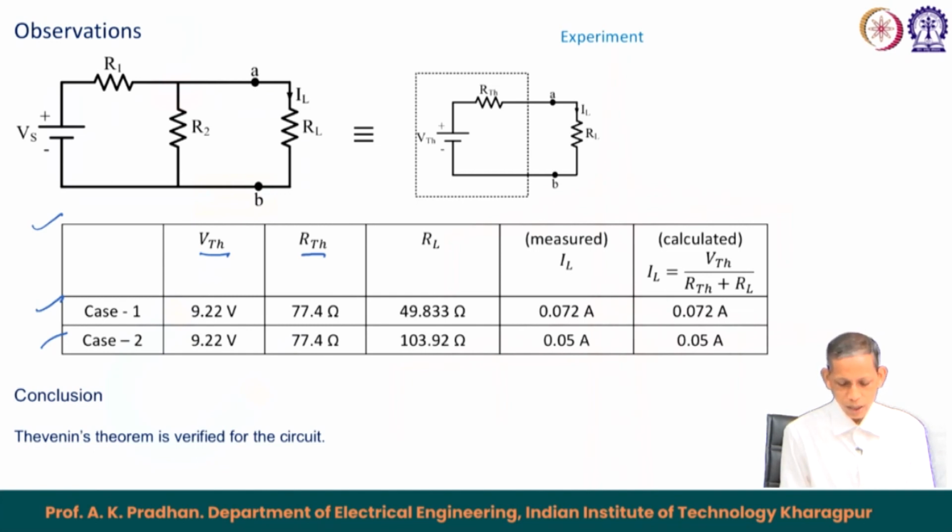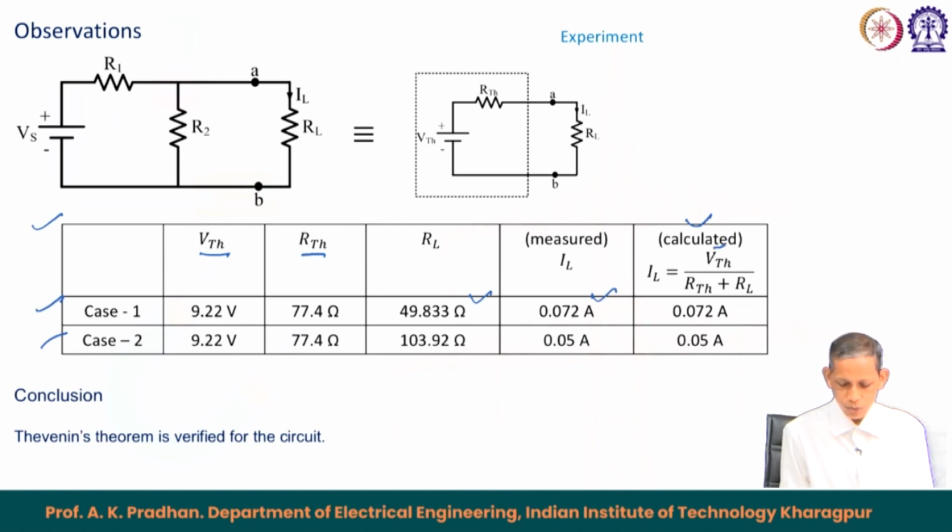The RL value from the VL and IL measurement comes to 49.833 ohm for the first case. The measured value through the ammeter reading is 0.072 ampere, and the calculated value, as in the earlier discussions, is IL equals VTH upon RTH plus RL.